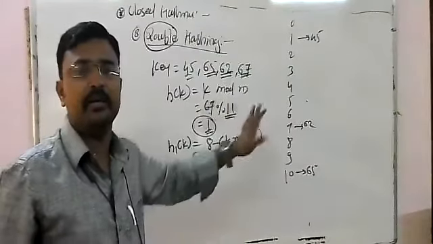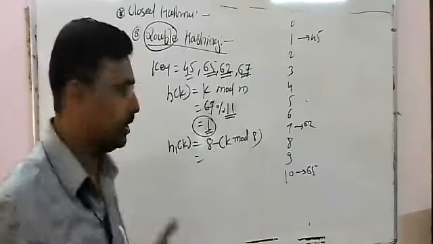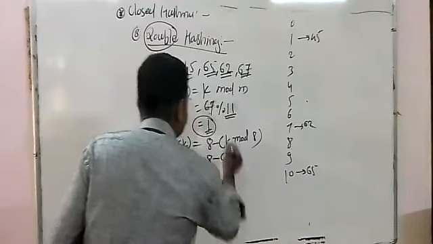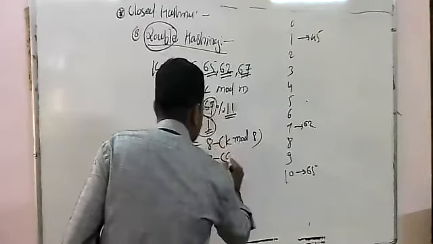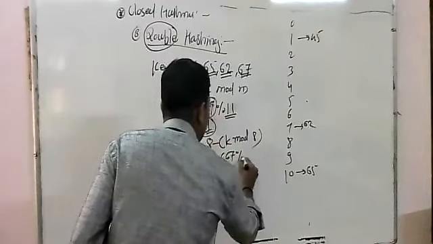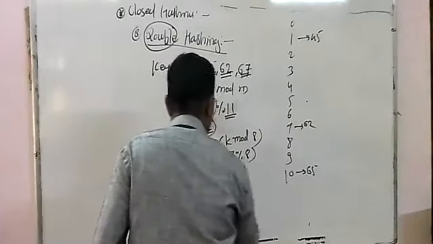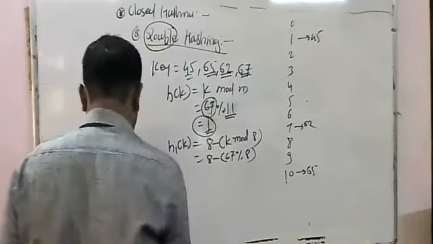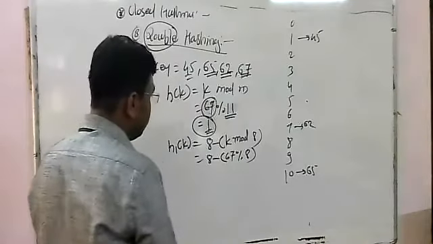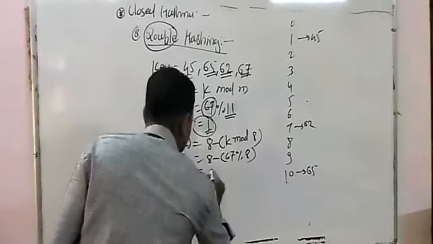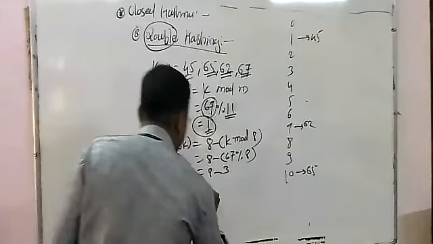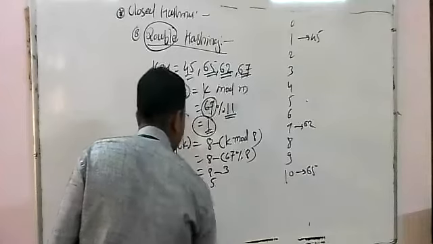Any value you can take as a hash function. What will happen? 8 minus, what is the k value? 67 mod 8. What is the remainder? Calculate the remainder. 3. 8 minus 3 is equal to 5.